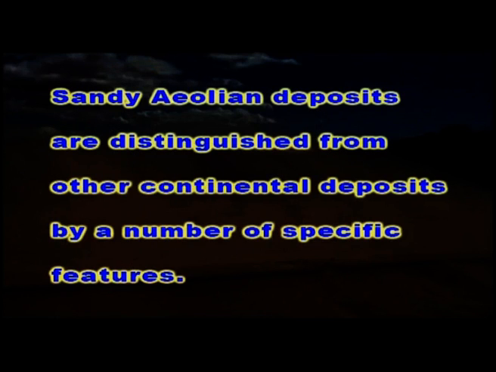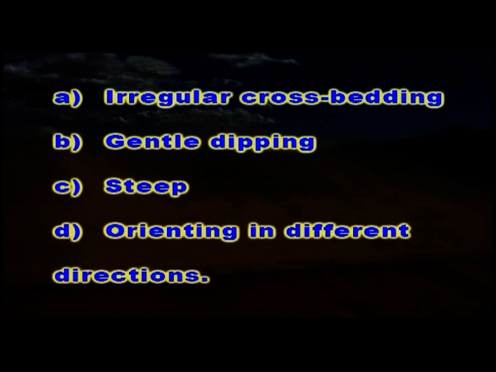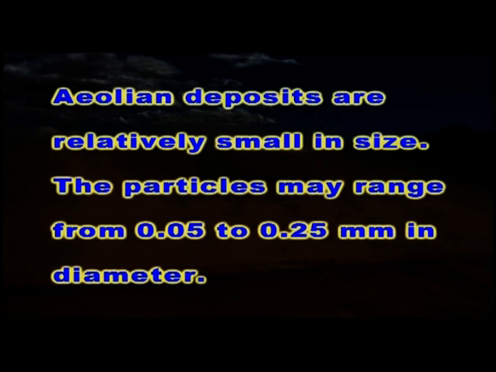The fifth important aspect is the depositional landforms of wind. Sandy Aeolian deposits are distinguished from other continental deposits by a number of specific features. They are irregular cross-bedding, gentle dipping, steep and orienting in different directions. Aeolian deposits are relatively small in size.